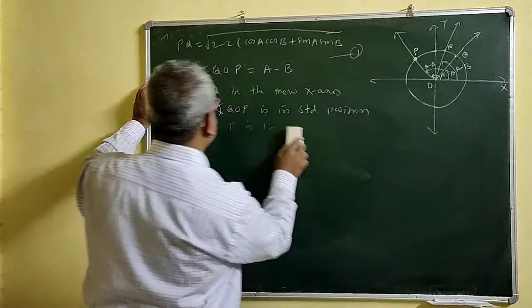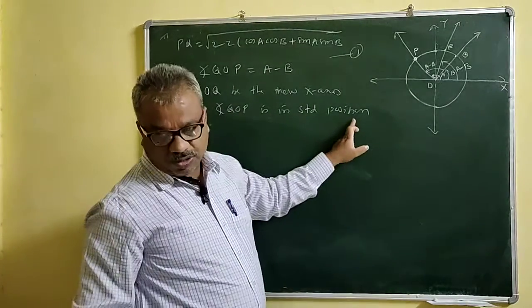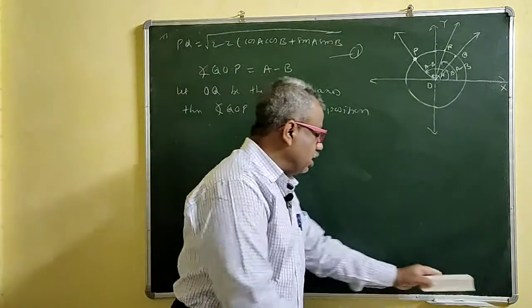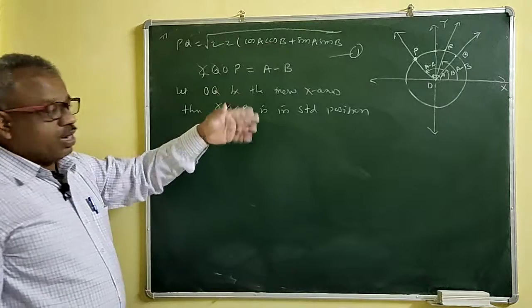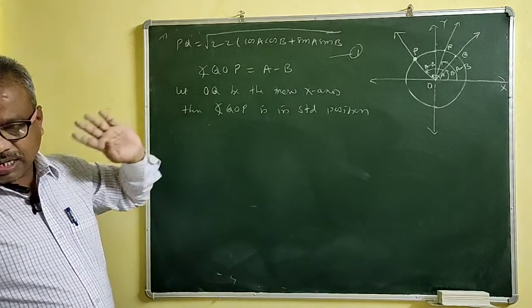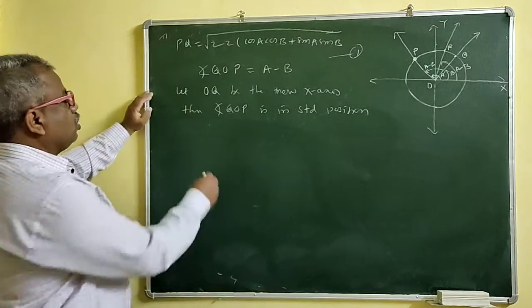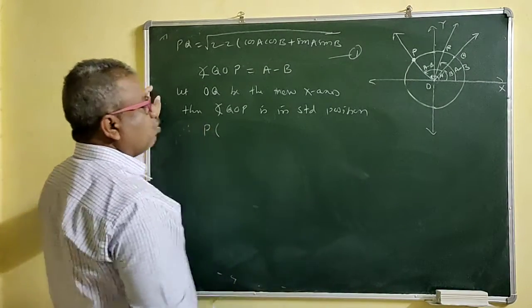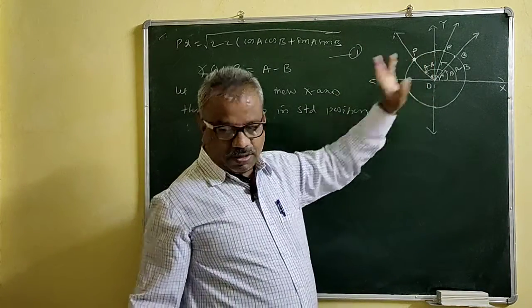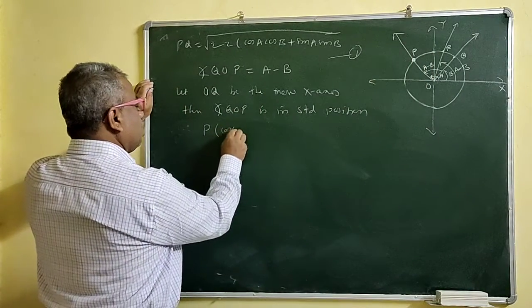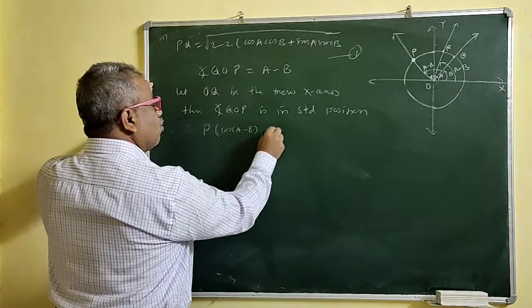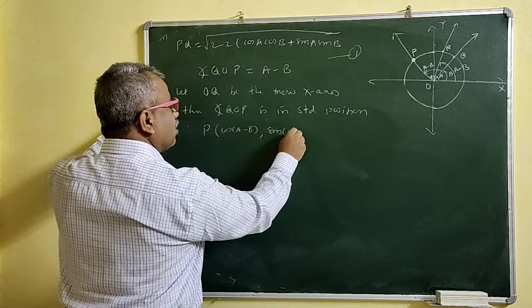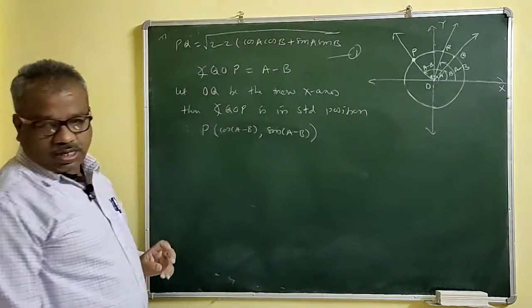Therefore P is cos of A minus B for the x-coordinate, and sin of A minus B is the y-coordinate.